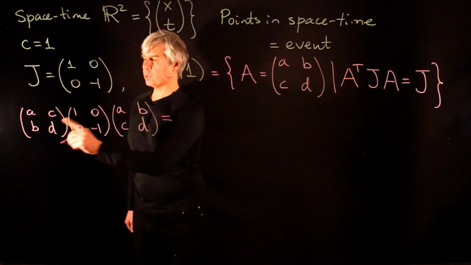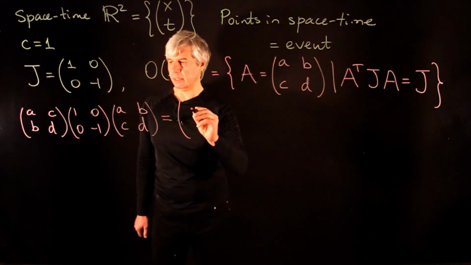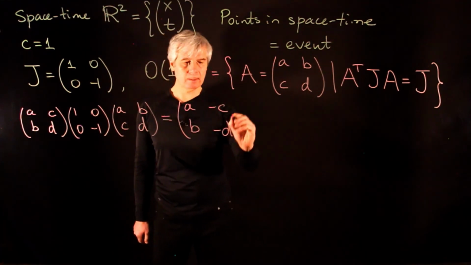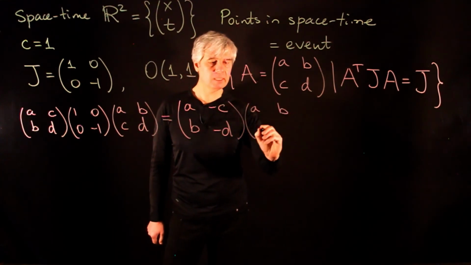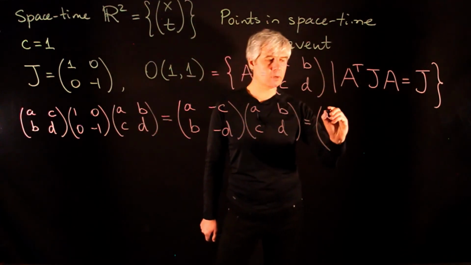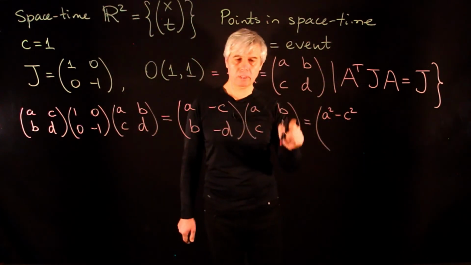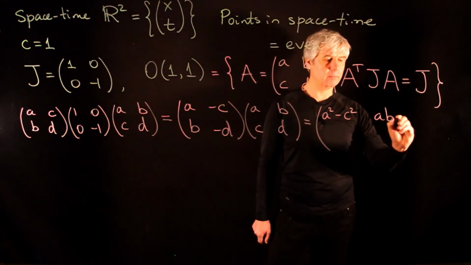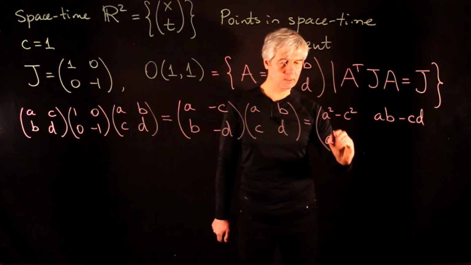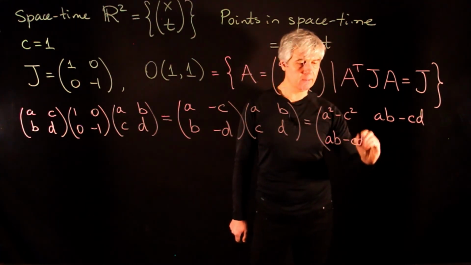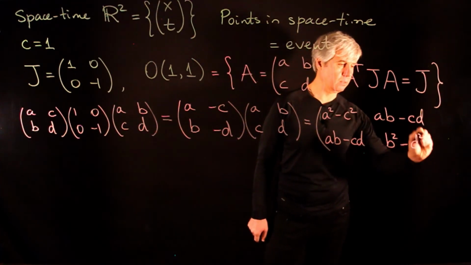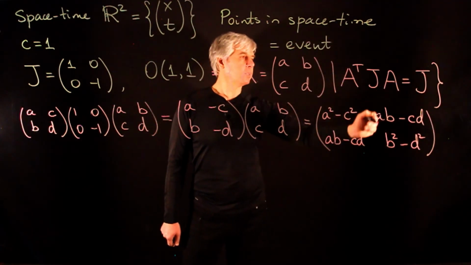When we multiply the first two factors, we get (A, -C; B, -D) times (A, B; C, D). So this will become A squared minus C squared, here we get AB minus CD, here we get AB minus CD, and here we get B squared minus D squared. And this must be equal to the matrix J.